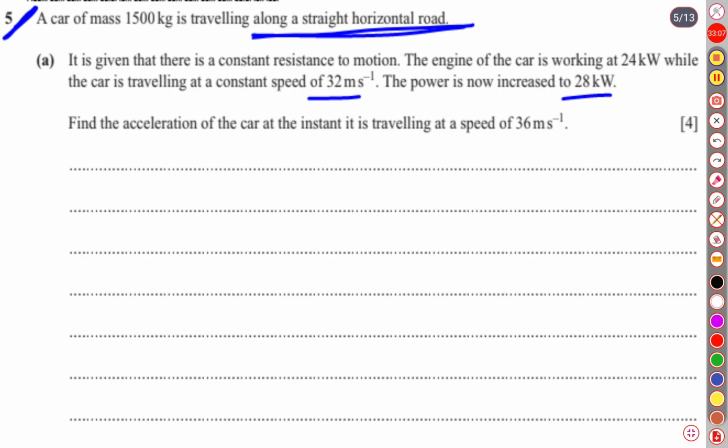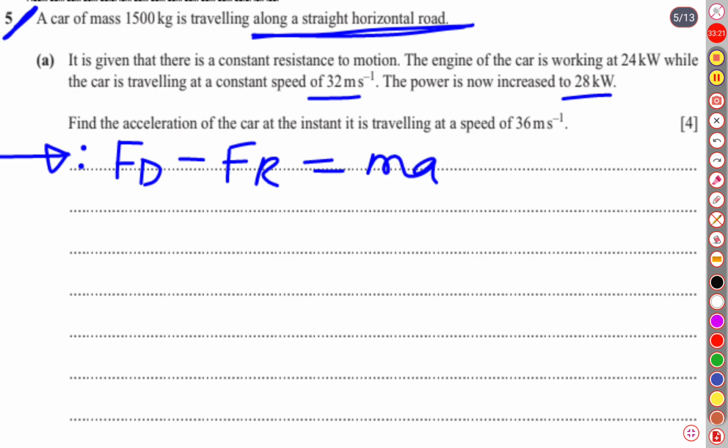So we are going to apply the same concept, and the direction is straight horizontal. The concept we have been applying is driving force minus resistance to motion equals mass into acceleration. And what is the driving force?